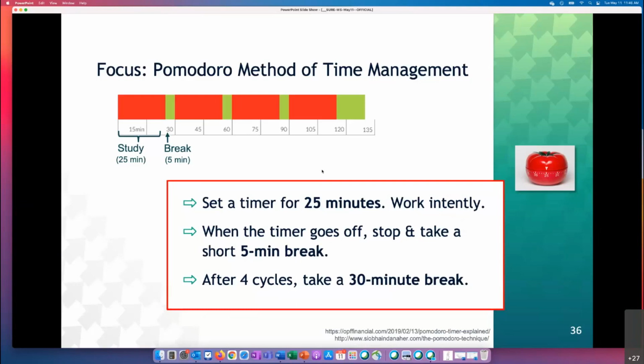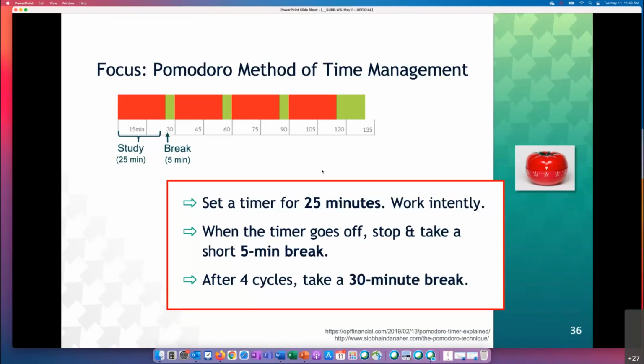Another very solid approach, and I think there's much study backing on this, is when you chunk up your study time or work time into smaller pieces. So not marathon sessions. This is called the Pomodoro method of time management. And it goes in 30-minute cycles. You work intently for 25 minutes and you take a short break, a 5-minute break.